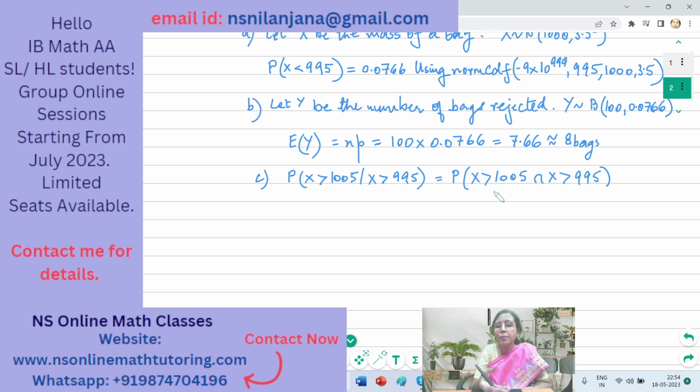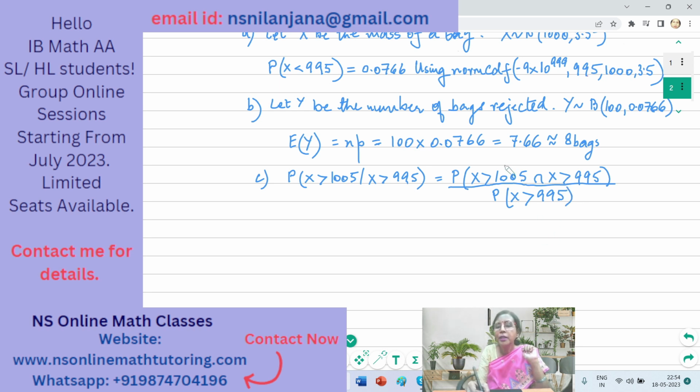If you have a conditional probability, the numerator will be the probability of both the conditions being satisfied, and the denominator will be the probability of the given condition being satisfied.